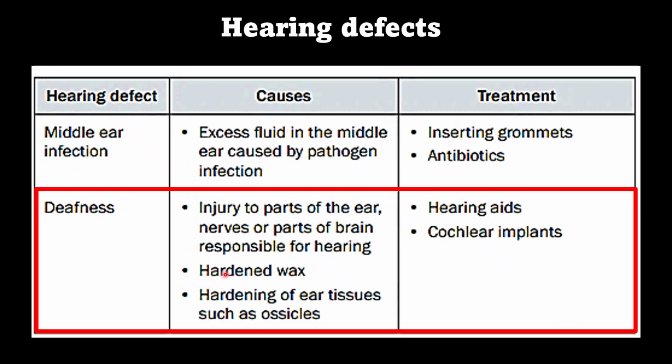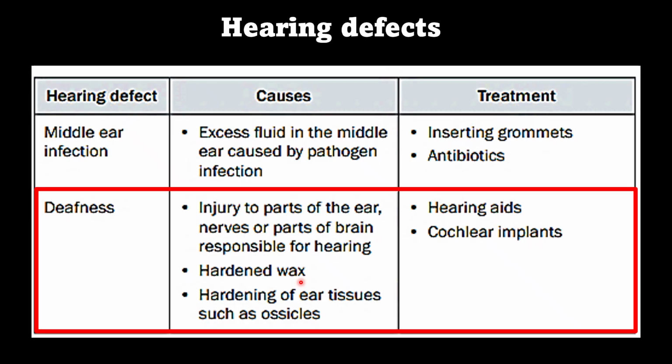Moreover, other causes of deafness could be hardened wax, because our ear canal gets filled with wax from time to time. It is part of the immune response. But if that wax is not cleared or removed and it hardens, it could block the ear canal.